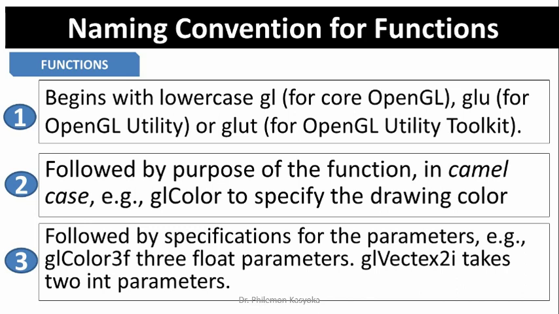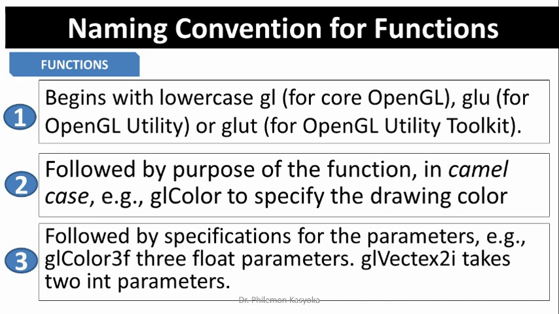Now, this makes use of what is referred to as camel case. As you can see in point number 2, it is followed by the purpose of the function in camel case. For example, we have glColor. So the C of Color must be in uppercase, then the others follow in lowercase, and that's what we refer to as camel case.